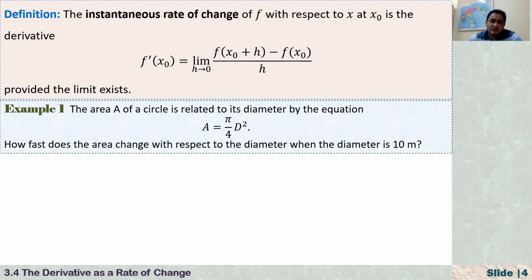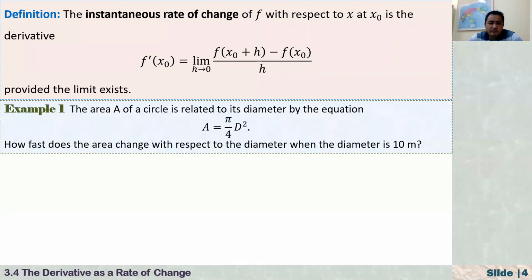That's why we need the limit concept, so that we can evaluate the limit at that point. So the instantaneous rate of change of f with respect to x at x₀ is the derivative. What does it mean? At a single point, at what rate the function is changing.